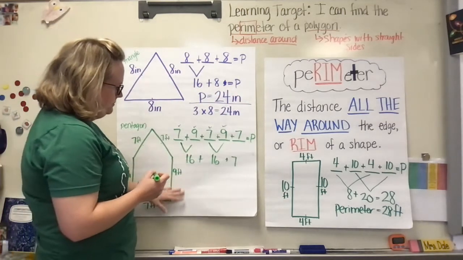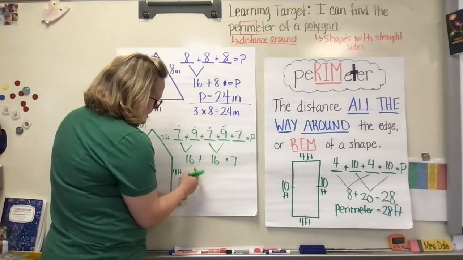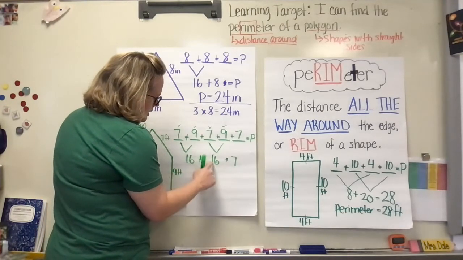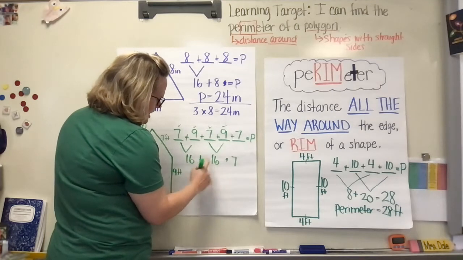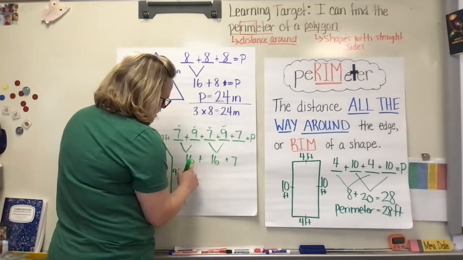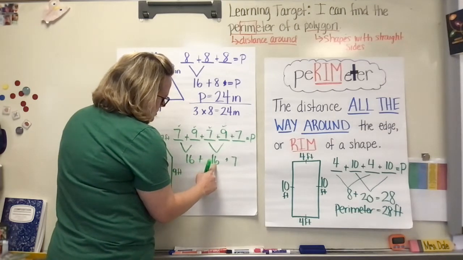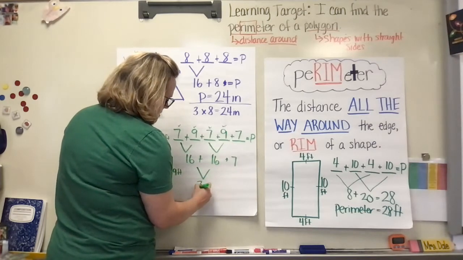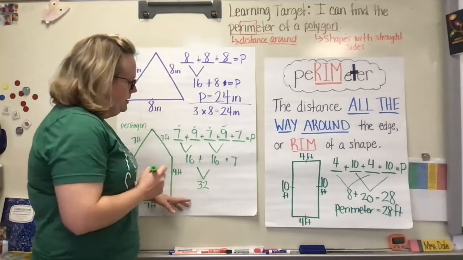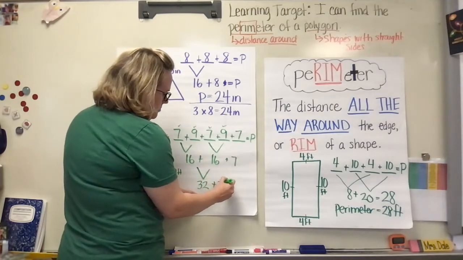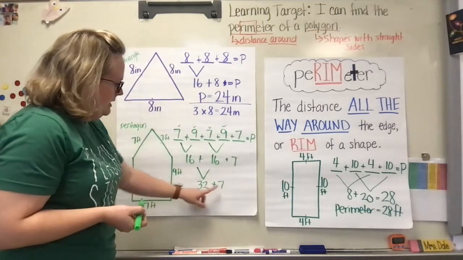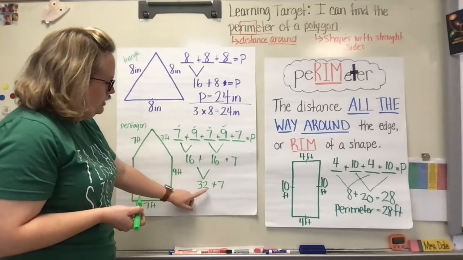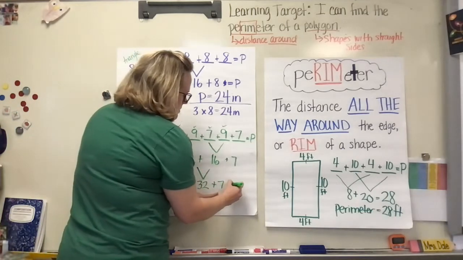And then I could think of, here and here, 10 and 10. So that's 20. And then 6 and 6 is 12. So 16 plus 16 is 32. If you needed to break those up even further to figure that out, go for it. And then I still have my 7 to add. So 32 plus 7 equals 39.